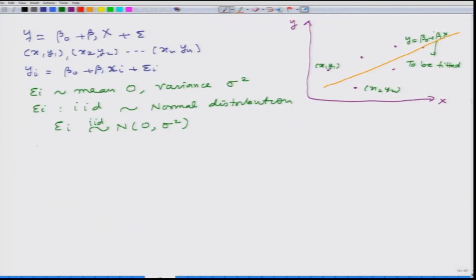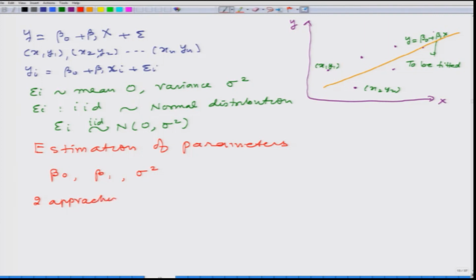Our objective now is estimation of parameters. You have to keep in mind that there are 3 parameters, beta 0, beta 1 and sigma square, that we want to estimate. Now I am going to use 2 methods or 2 approaches.